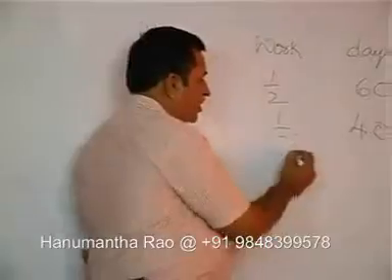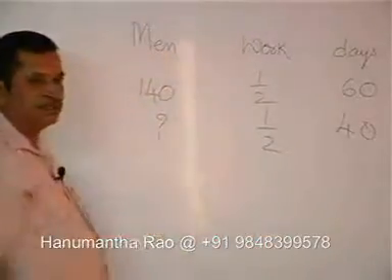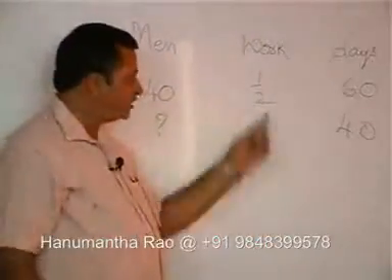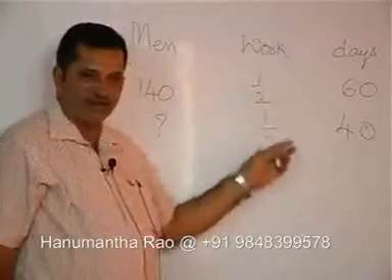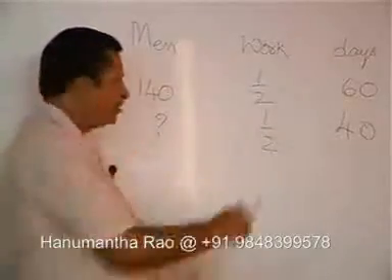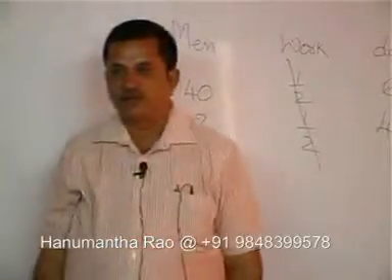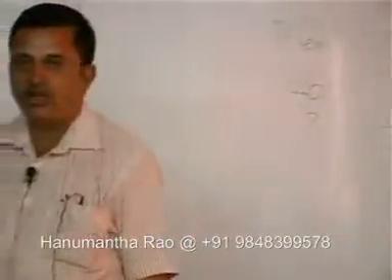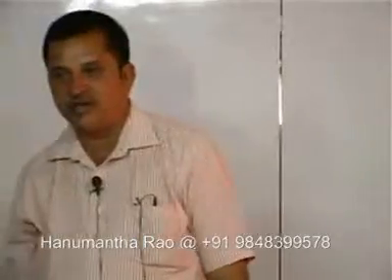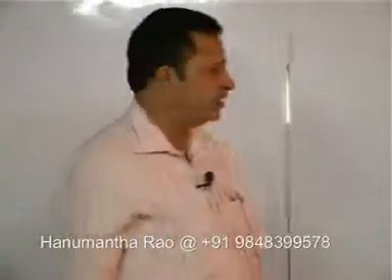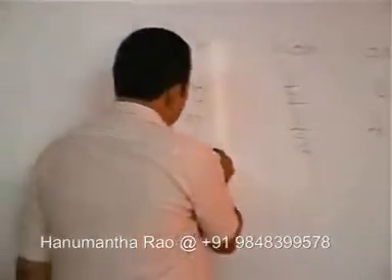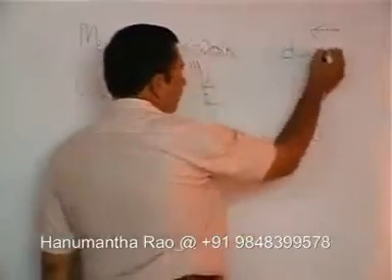Half the work. How many men are required? See here, both are equal values, half and half. You cannot take more and less. When both are equal values, strike off here itself. Then the question mark is here. Read the problem from this side.